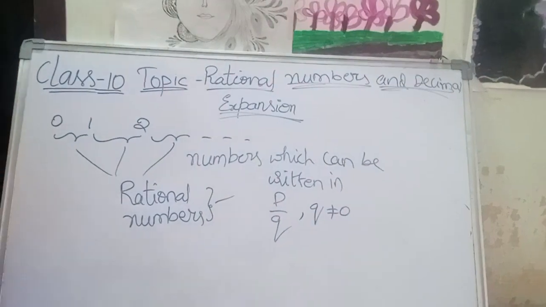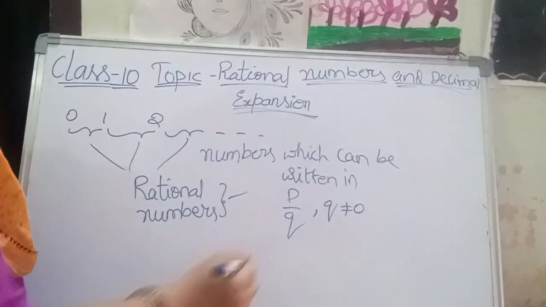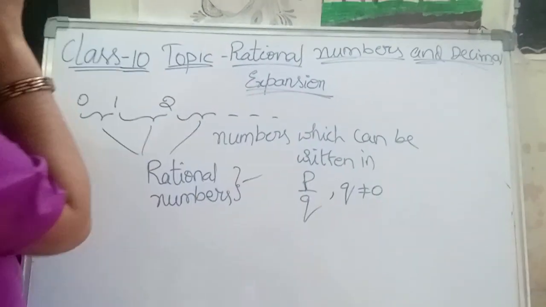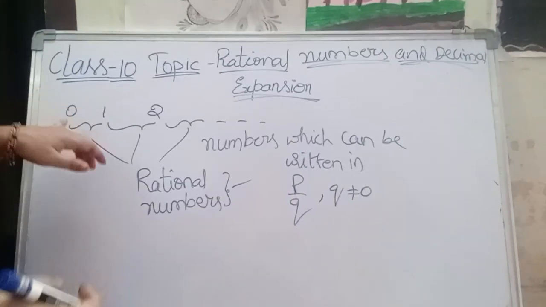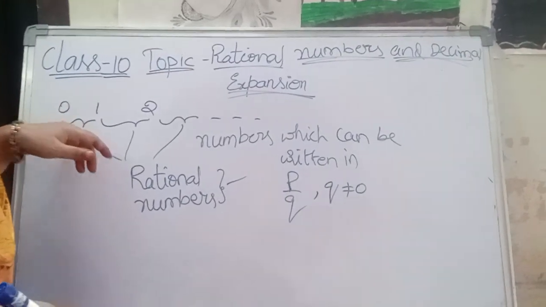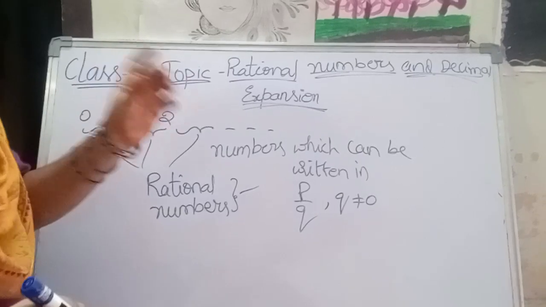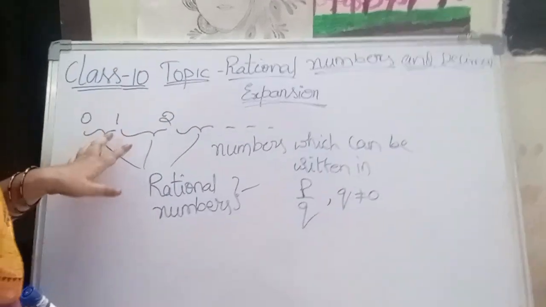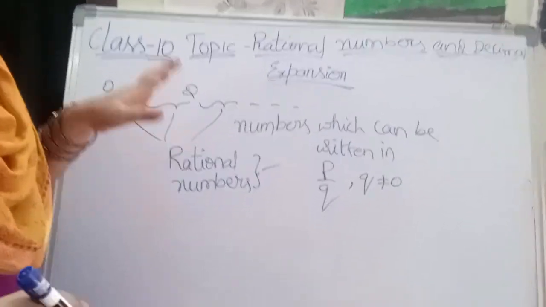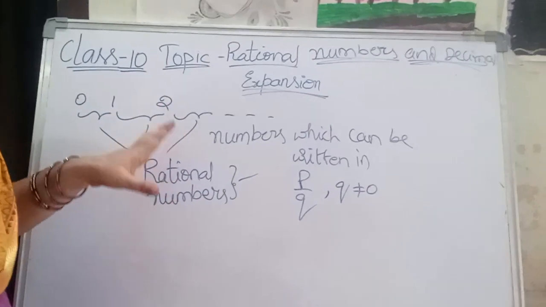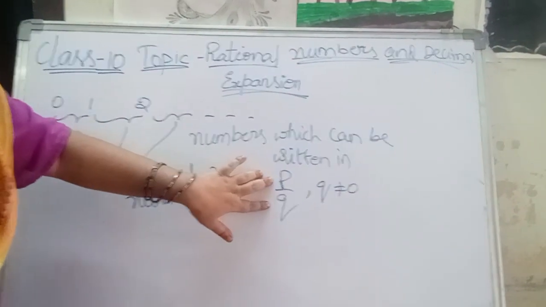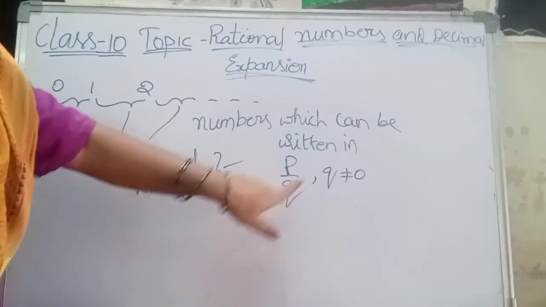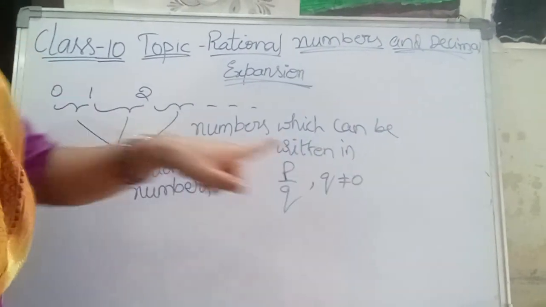Q must not be 0. If q is 0, there is no value for this, right? So the numbers between the specified 0, 1, 2, 3 and so on, we can call as rational numbers, because we can write those numbers in the form of p by q, and particularly q must not be 0. Okay.